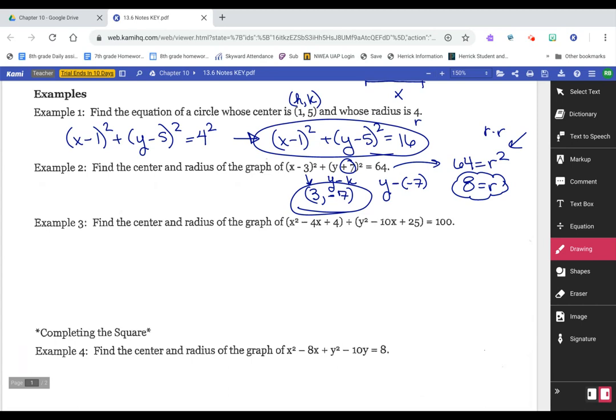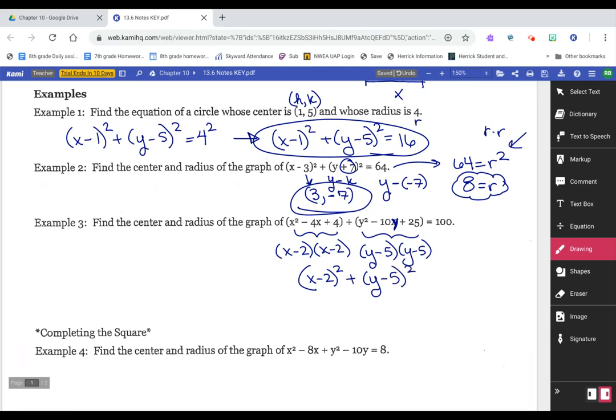If I was going to factor this, that would be (x − 2)(x − 2), which I can write as (x − 2)². Over here, for the y's, and this is a typo, this should say y. So this would be (y − 5)(y − 5). So I can rewrite this as (y − 5)².